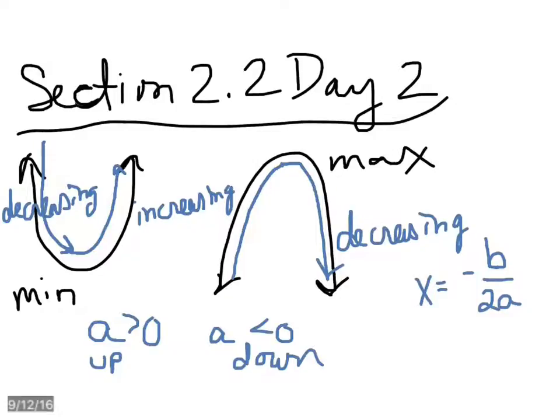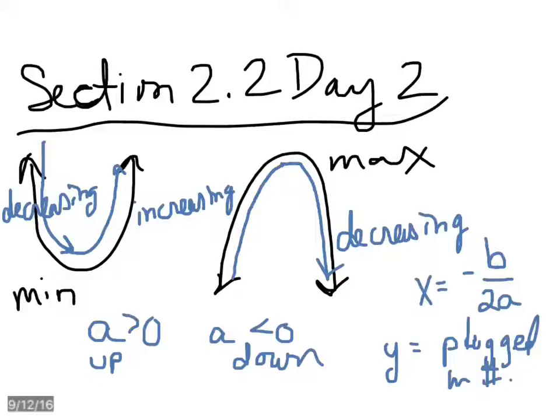Line of symmetry. The axis of symmetry, or the x-coordinate of your vertex. Right. The minimum and maximum value is when y equaled, and then you inserted, or what you did was you plugged in the number. And that was for the y on your vertex.